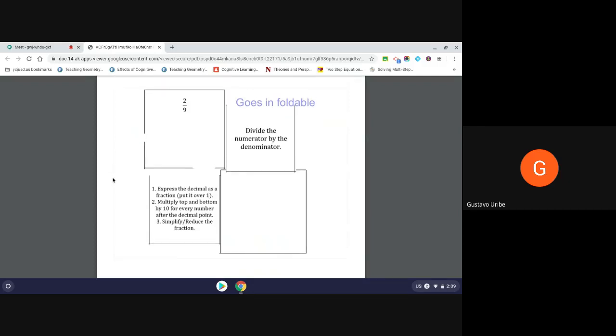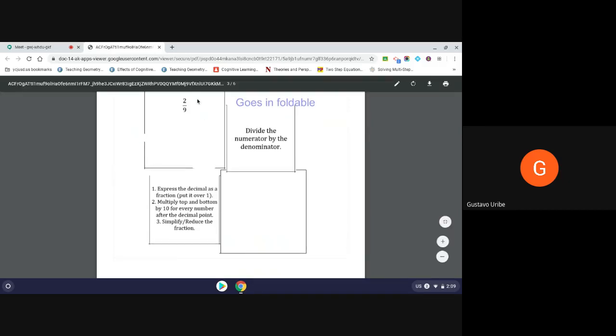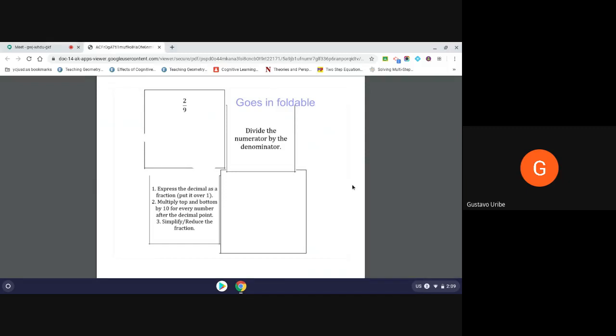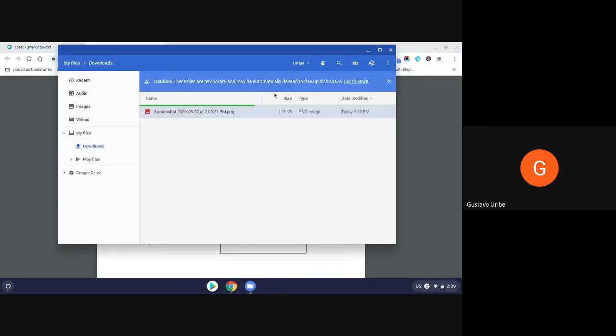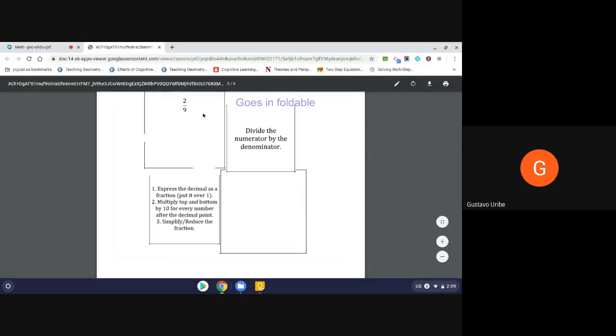All right, so I have 2/9. And we're going to go ahead and divide the numerator by the denominator. So let me show you how we would do that. Now, a fraction is just a division problem.